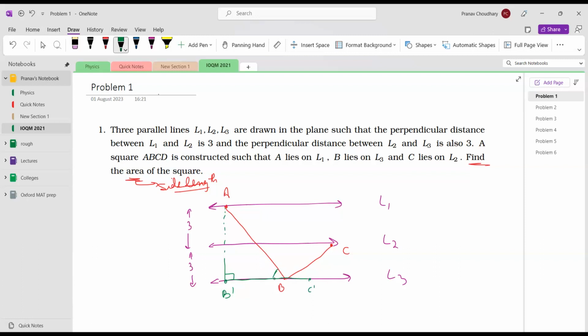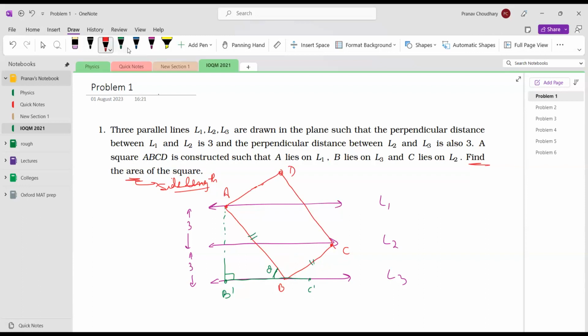So you have to draw it at an angle theta such that once you take a perpendicular and these two lengths are same, then C will lie on L2. If you want, you can complete the square. This does not look like a square for now, but we can assume it does. The point D is not really useful for us for now.